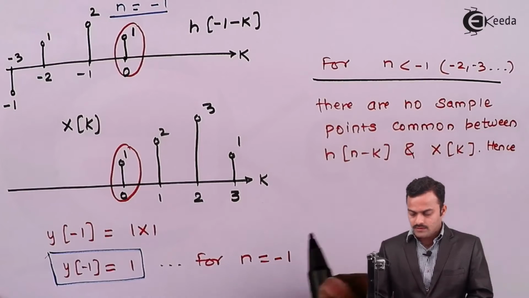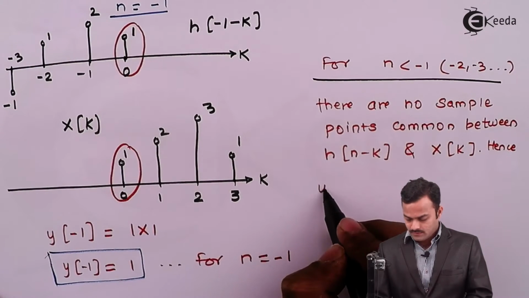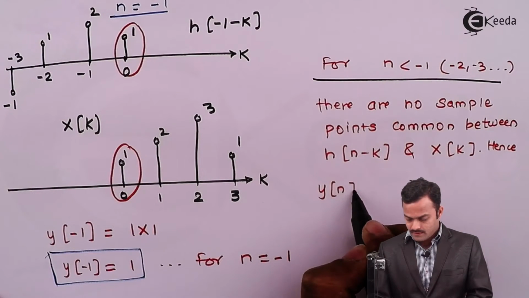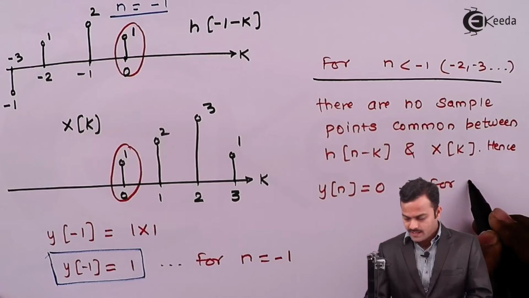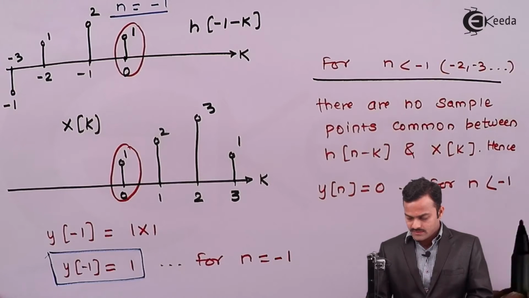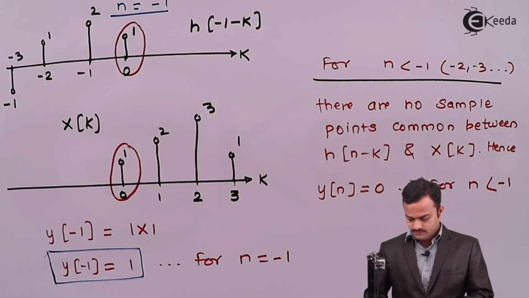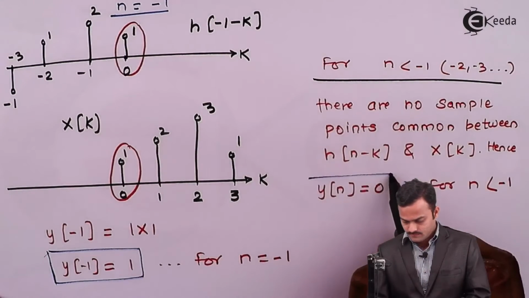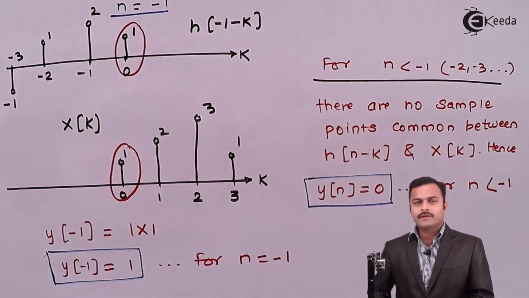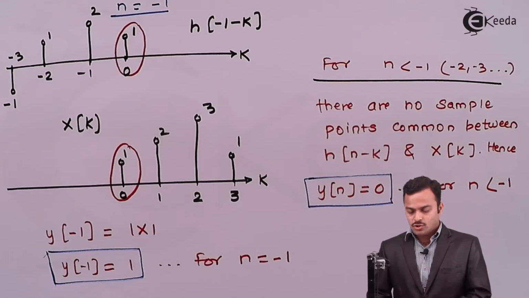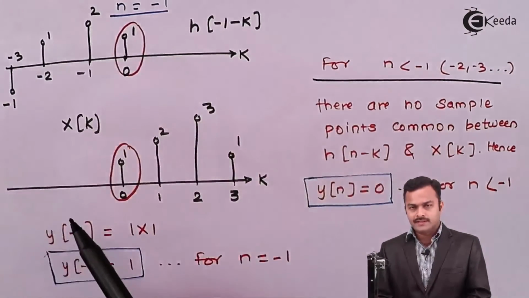Hence, it is quite obvious that y of n will be equal to 0 for n less than -1. That means now we can stop our sequence delaying further.